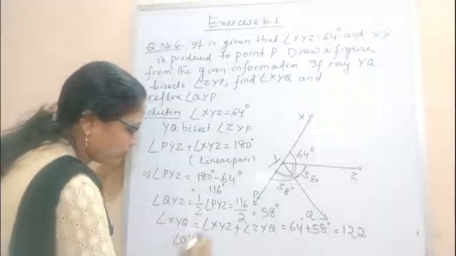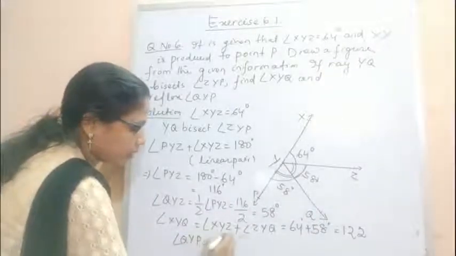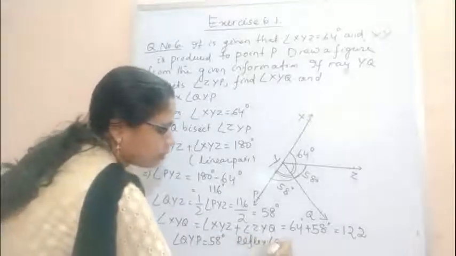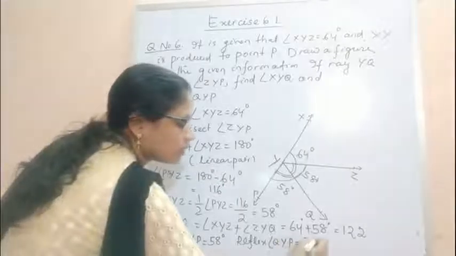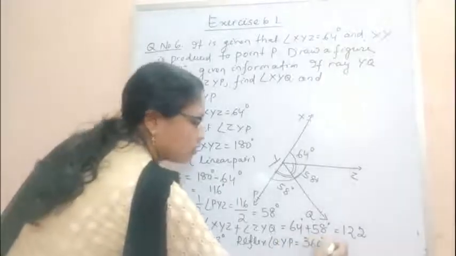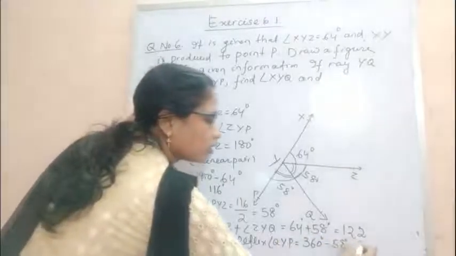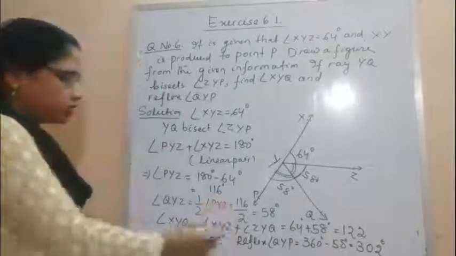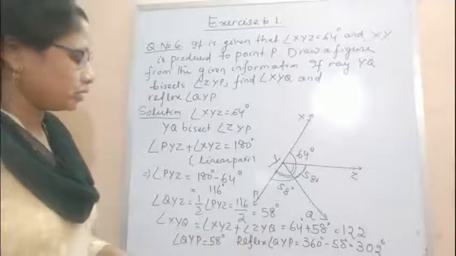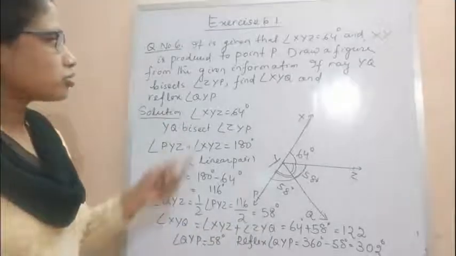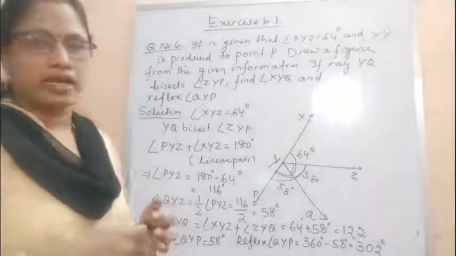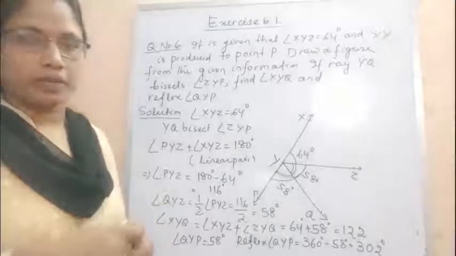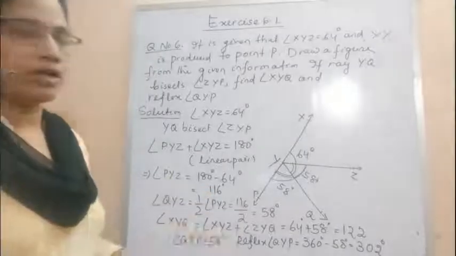QYP is equal to 58 degree. So reflex QYP is equal to 360 minus 58. So that is 302 degree. So this is reflex angle QYP, 302 degree. So in this way, by applying the vertically opposite angles formula and the axiom based on the linear pair, we can solve different types of questions.